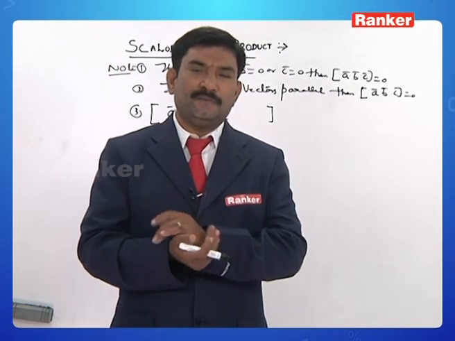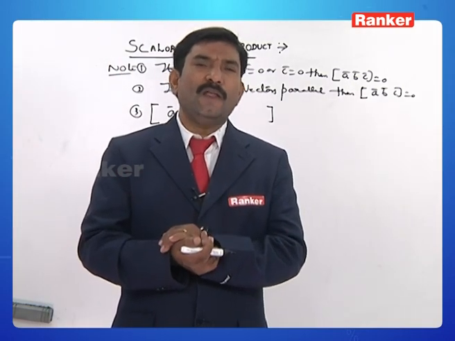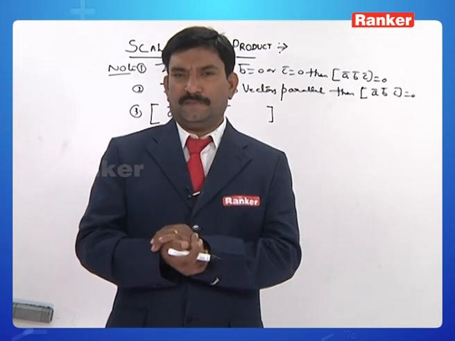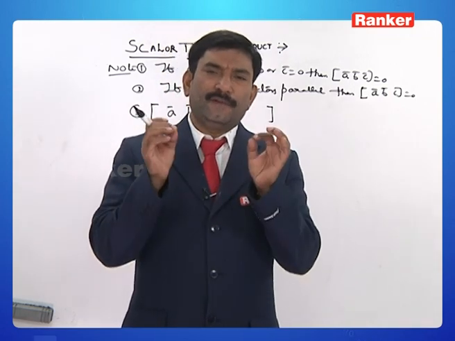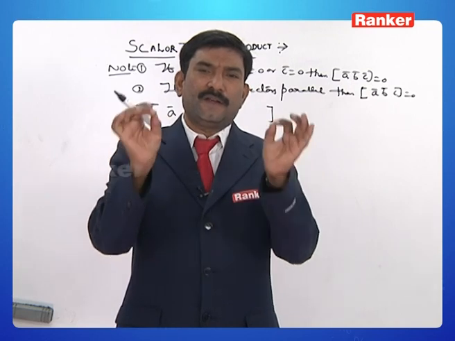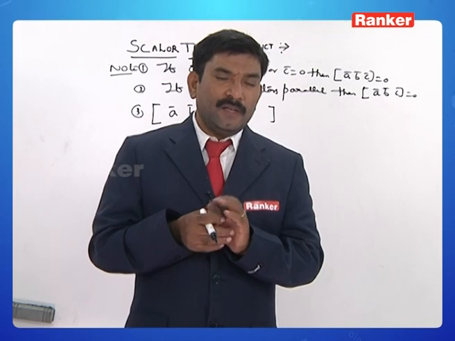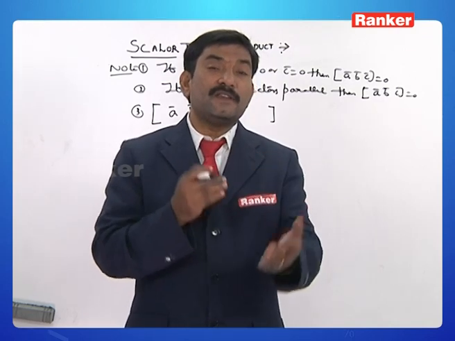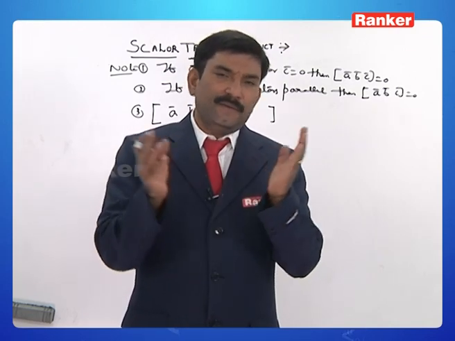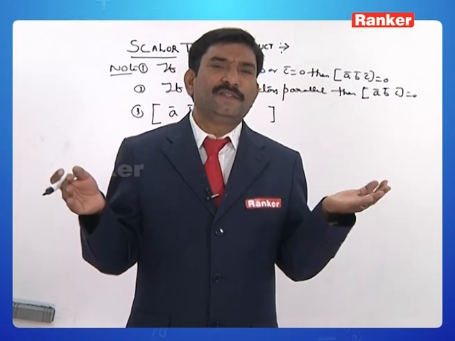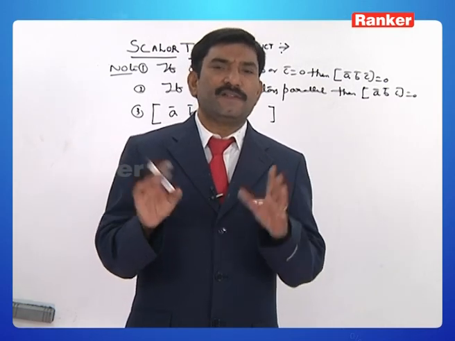Here also, in a scalar triple product, dot and cross are interchangeable, vectors can be interchangeable in a cyclic order. Without a cyclic order, sign changes but value is unaltered.